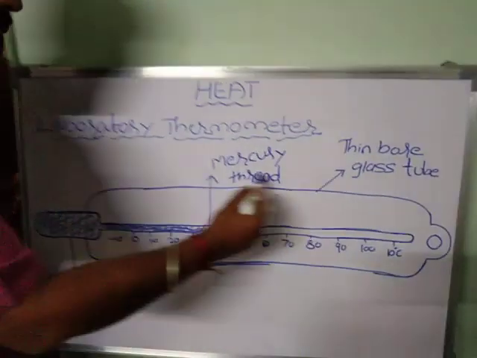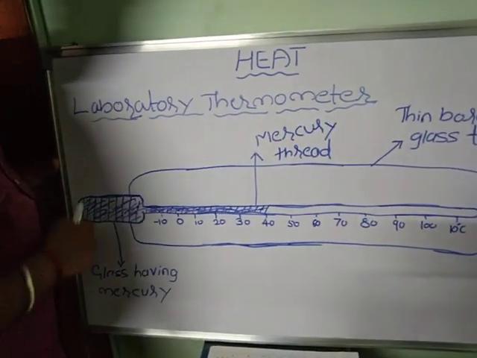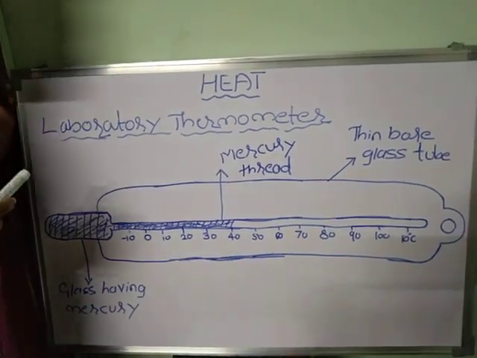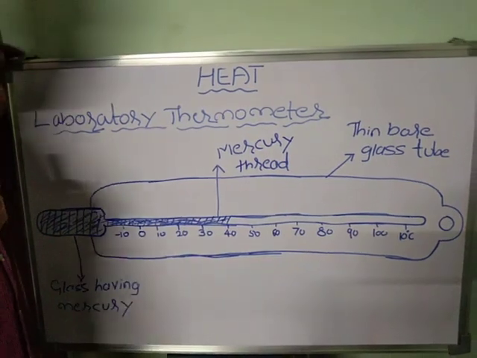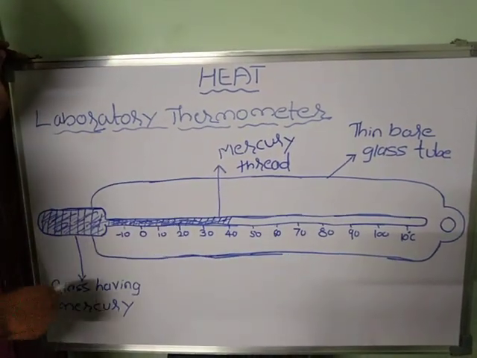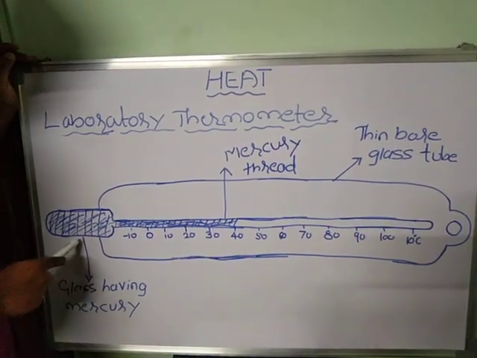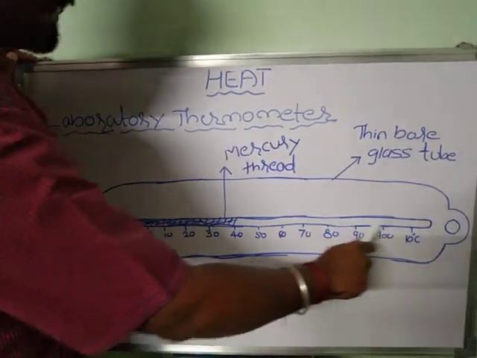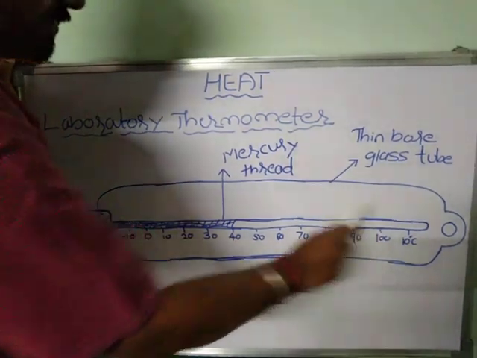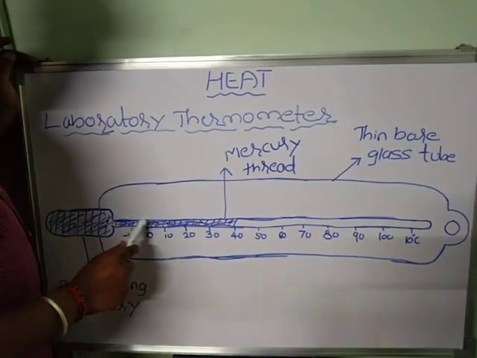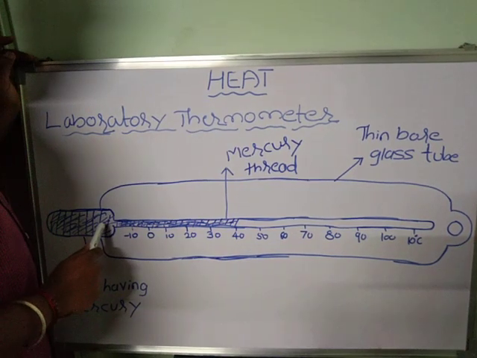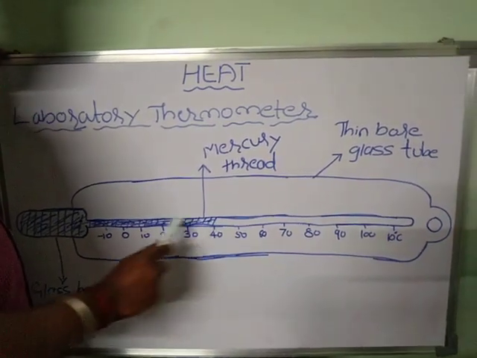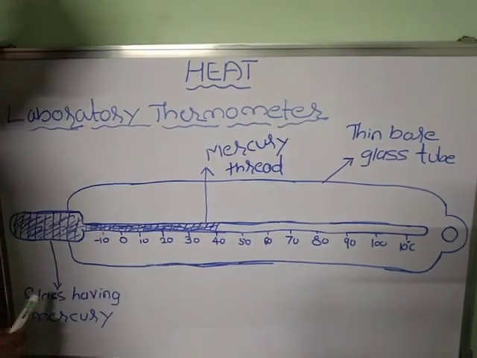This is the diagram I have drawn. This is the structure of a laboratory thermometer. It contains a bulb here which contains mercury, and there is a thin bore glass capillary tube here, which makes it easy for the mercury to flow.